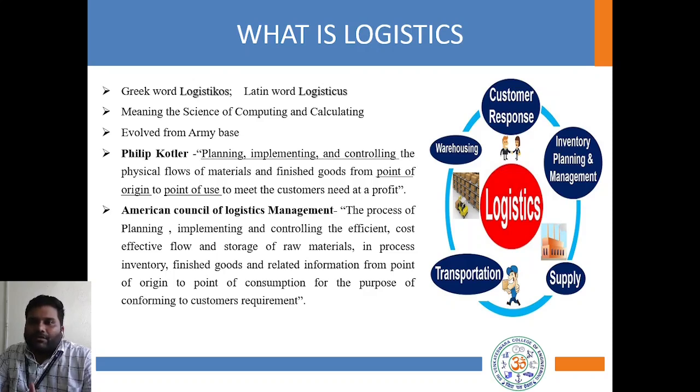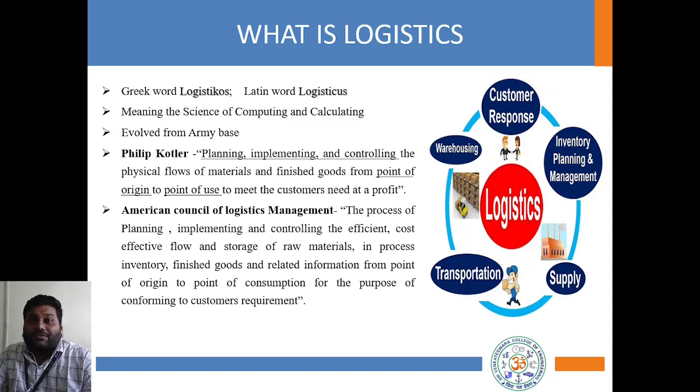The American Council of Logistics Management states that it is the process of planning, implementing, and controlling the efficient, cost-effective flow and storage of raw material, in-process inventory, finished goods, and related information from point of origin to point of consumption for the purpose of conforming to the customer's requirement. That is, all these processes point towards the customer.